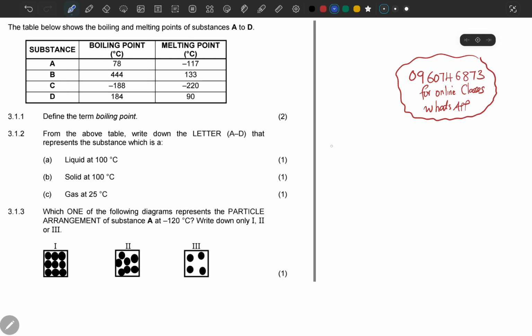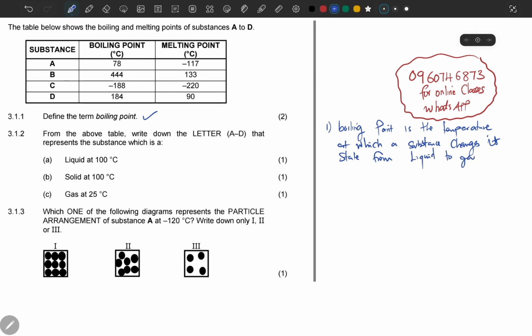So how do we define boiling point? To begin with, boiling point is the temperature at which a substance changes its state from liquid to gas.